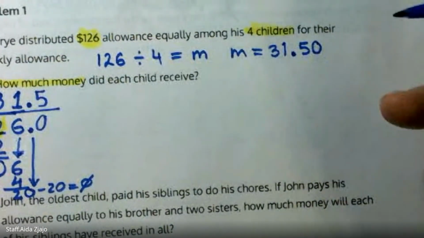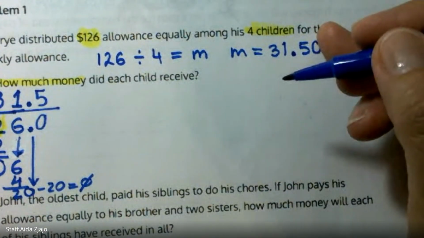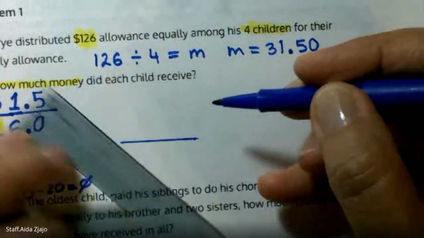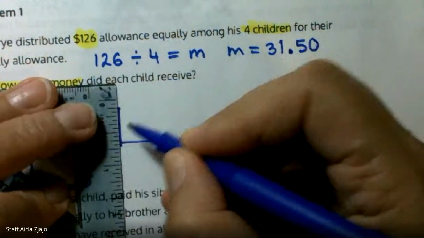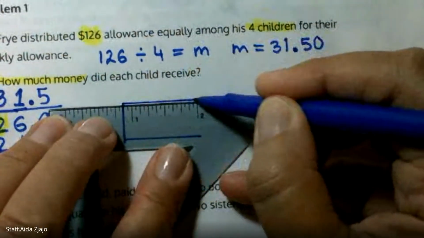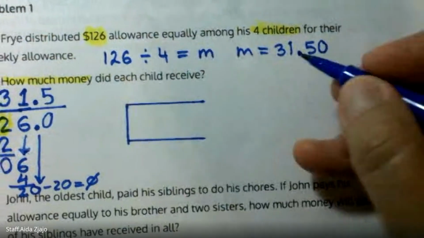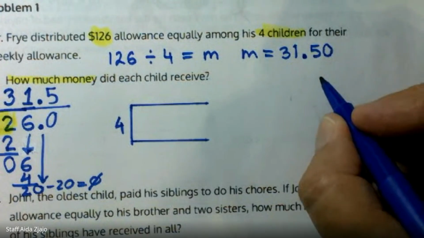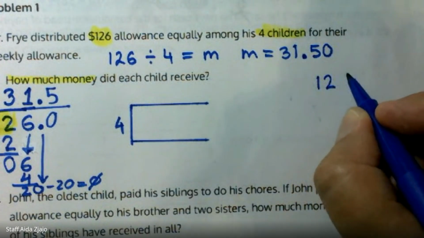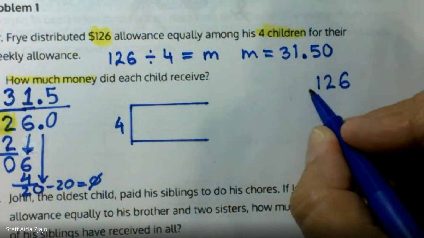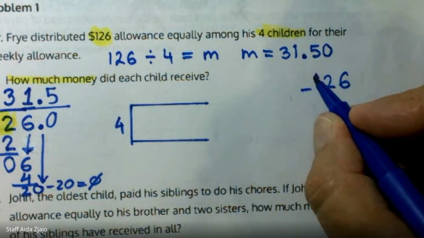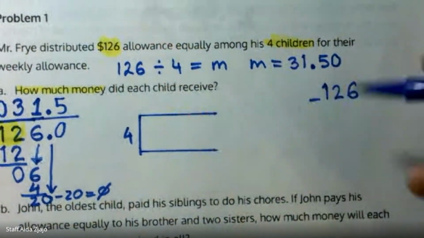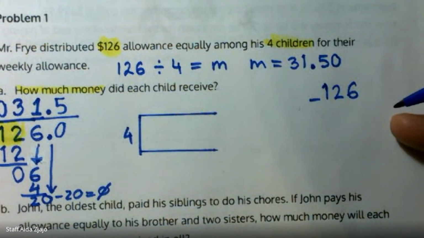Another way is if you use the area model of division. Let's see how it could work. I'm going to leave an open rectangle. On the side I will have 126, and then I will subtract how much I shared. 4 times what is really close to 126?